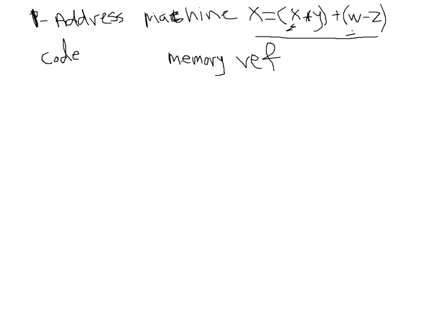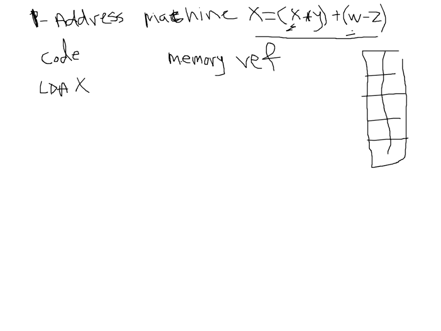We need to load the value of X, because it is stored in the memory in our program. Now, how many times do we need to access the memory to do this? Obviously once, because we need to fetch the value of X, so we need to have 1.